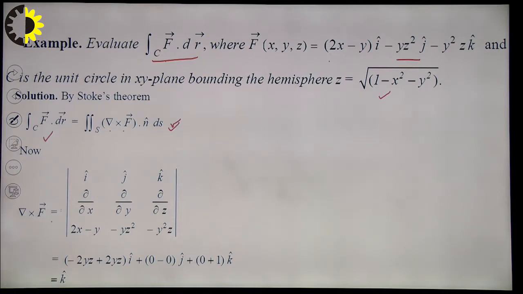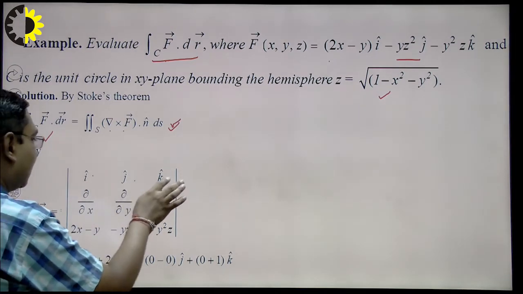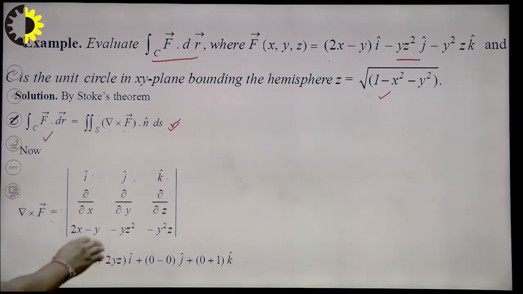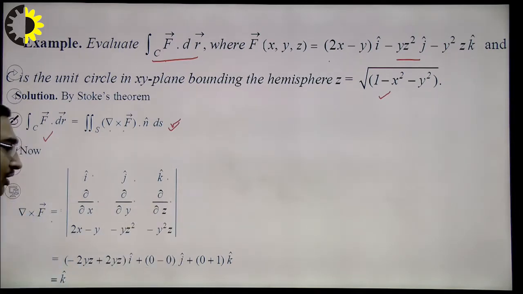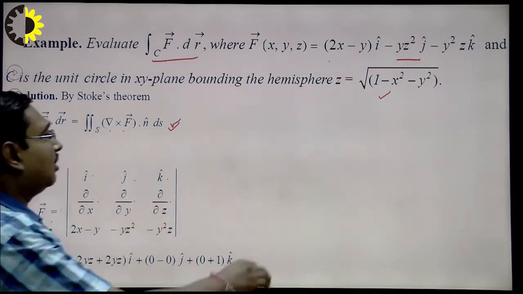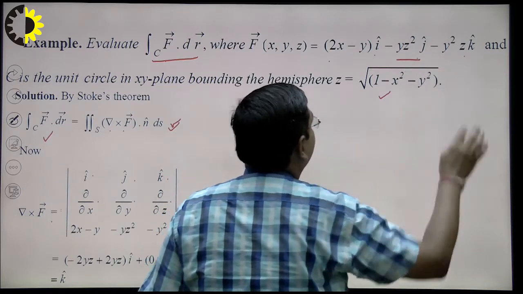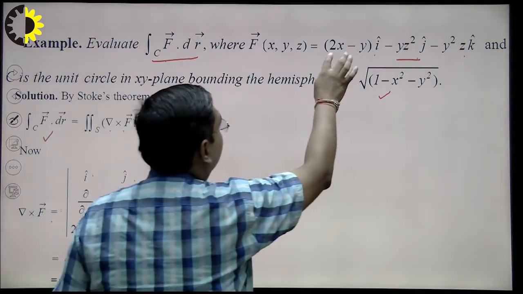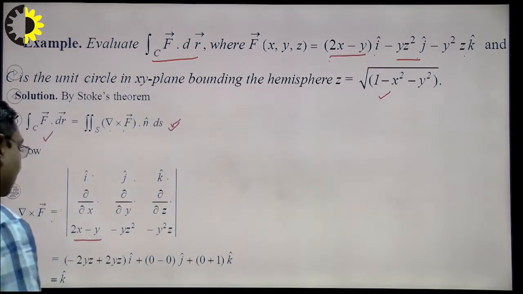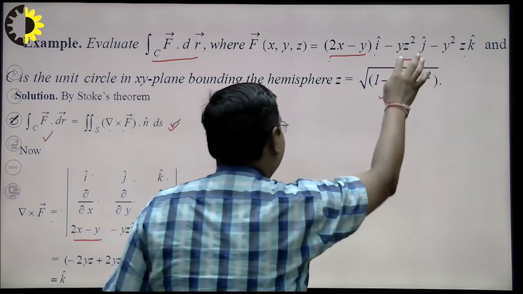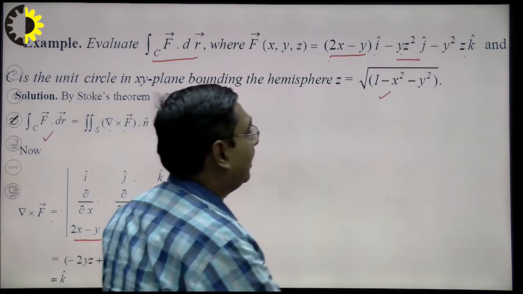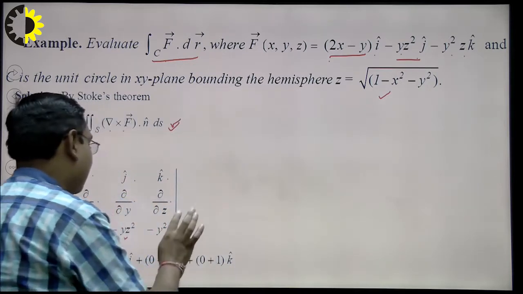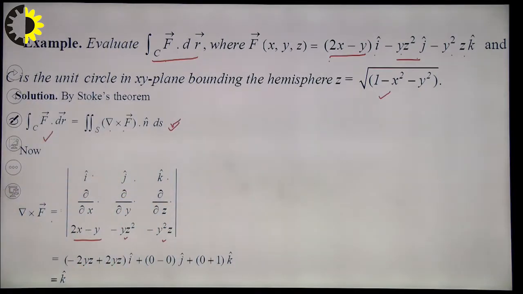Del cross f can be calculated by the formula of curl of f: i cap, j cap, k cap in the first row, del over del x, del over del y, del over del z in the second row. Coefficients of i cap, j cap, k cap will be written in the third row. So, this 2x minus y is written here, minus yz square is written here, and minus y square z is written in the third term. Now, we shall evaluate this determinant.